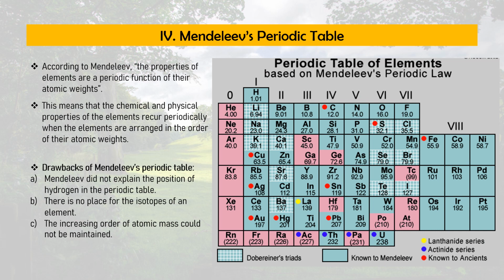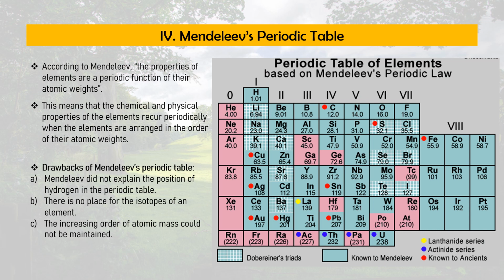That means that he arranged this table according to the atomic weight, and he saw that the first group, that is group 1, has similar physical and chemical properties.